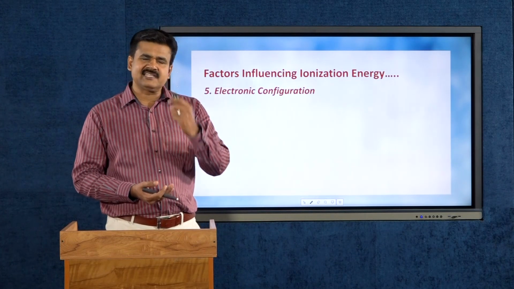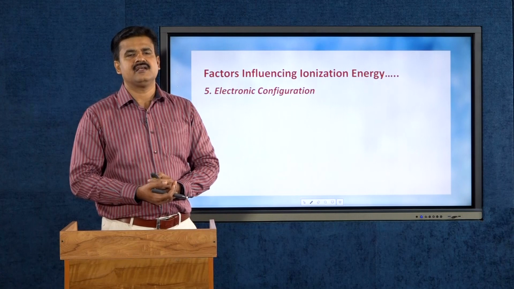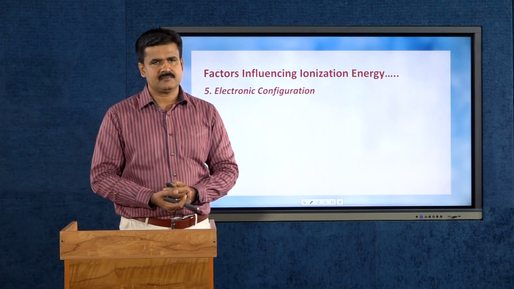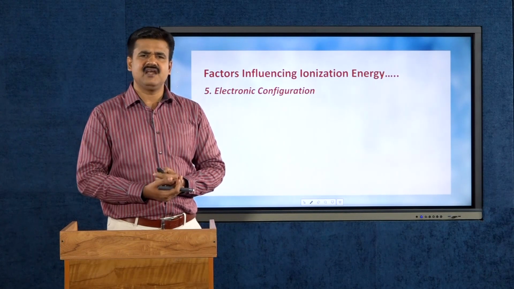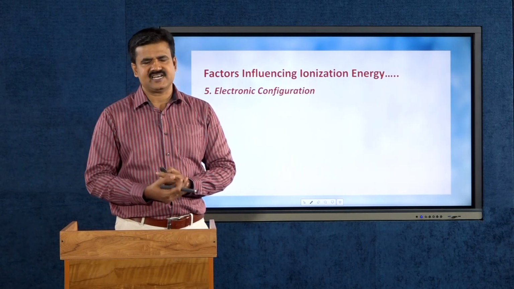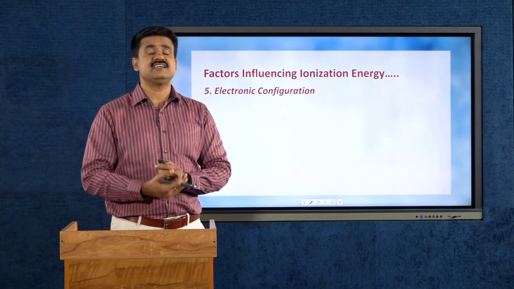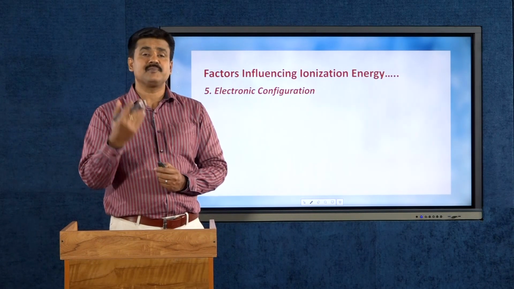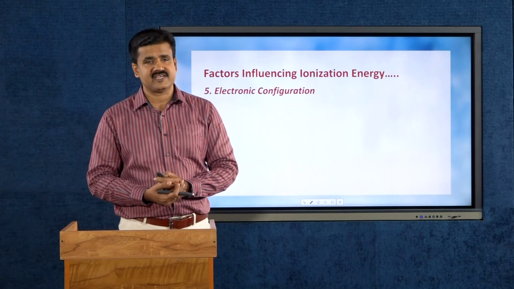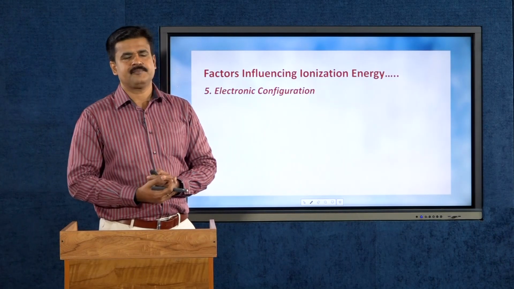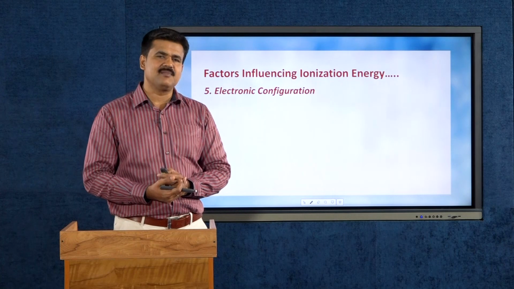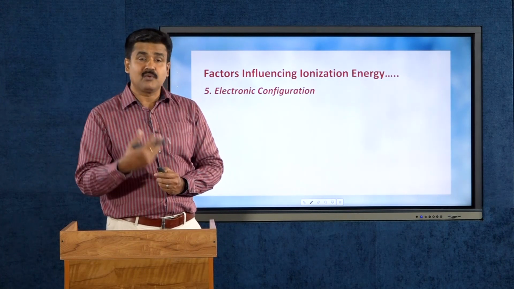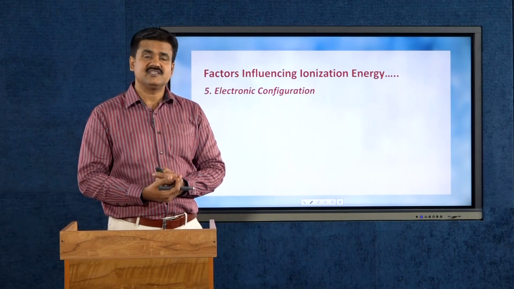Now, another factor that governs ionization enthalpy is the electronic configuration. You are familiar with the stable and unstable electronic configurations. The extra stability associated with the noble gas, the inertness of noble gas, is attributed to their stable electronic configuration. If an element is present in its stable electronic arrangement, then we have to provide more energy to remove the electron.